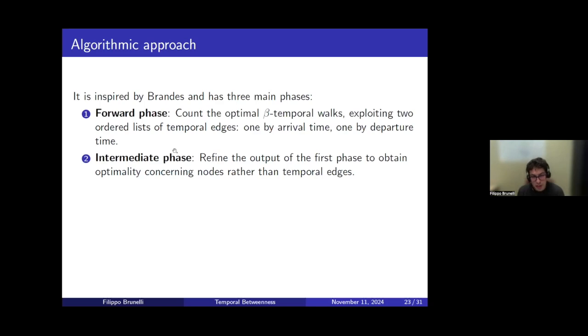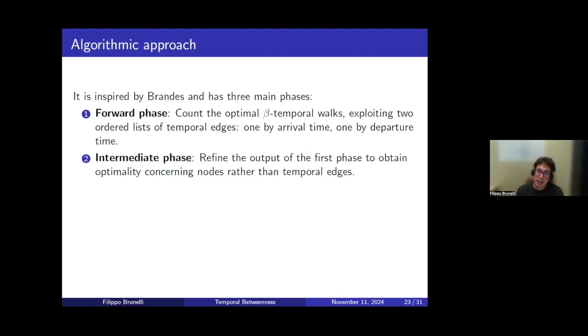Then we have an intermediate phase where we need to refine the output of the first phase, because in the first phase, we are computing the optimal beta temporal walks that end with each temporal edge. So given a temporal edge E, we will be able to find and count the optimal walks that end with that edge.